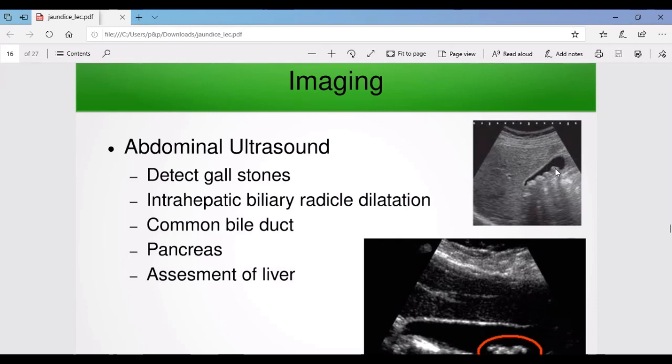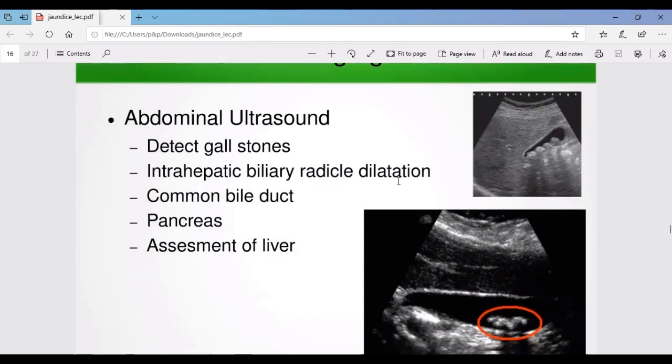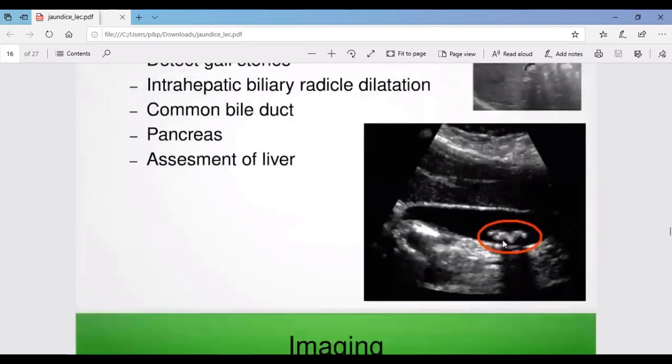And inside this black, we have white shadows, and these are shadows of gallstones inside the gallbladder. This is another view. Again, the liver tissue, the gallbladder, and gallstones inside the gallbladder.